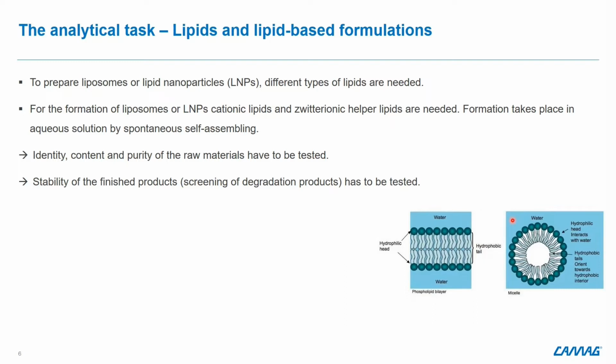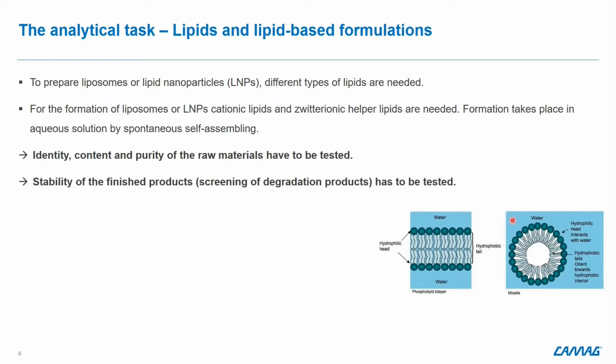The manufacturers of lipid-based formulations get the lipids from different suppliers and have to check their identity and purity. The main task is to test the stability of the finished products and to screen for potentially harmful degradation products. This can easily be done by HPTLC.